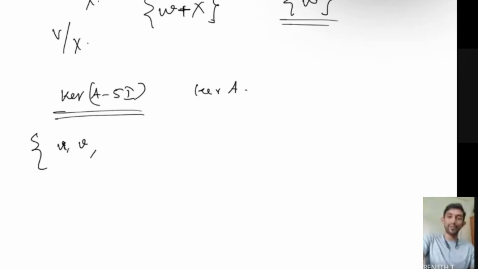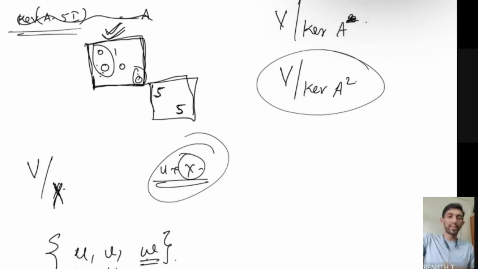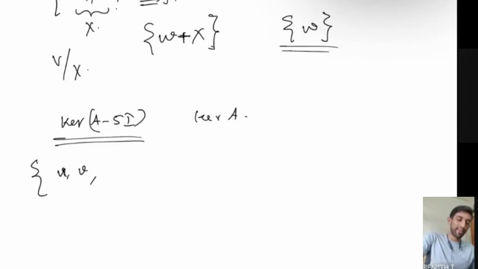And the kernel of A doesn't have enough eigenvectors; it has only 2 eigenvectors. So there will be one generalized eigenvector W, with AW, and it will look like this.